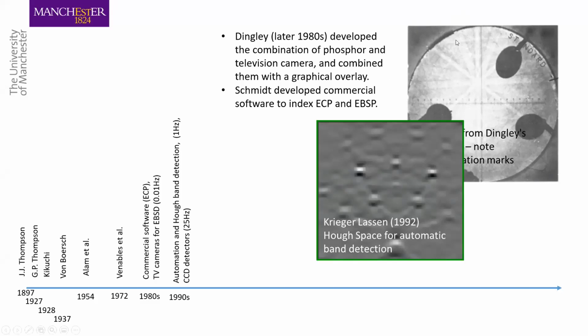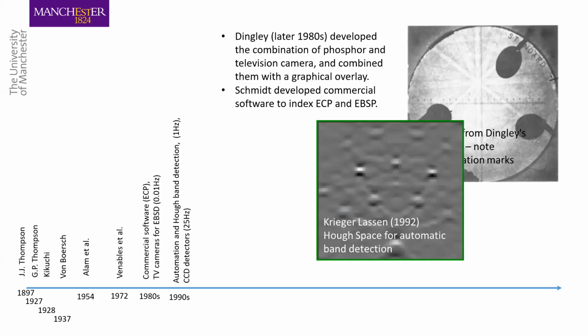So by converting the lines into spots, each line here would be a spot in the Hough space, and then the software detects these, knows where the bands are, and then compares them to the match unit reflector list and indexes it.